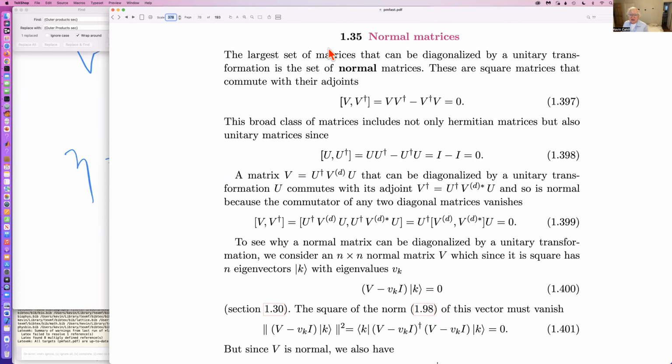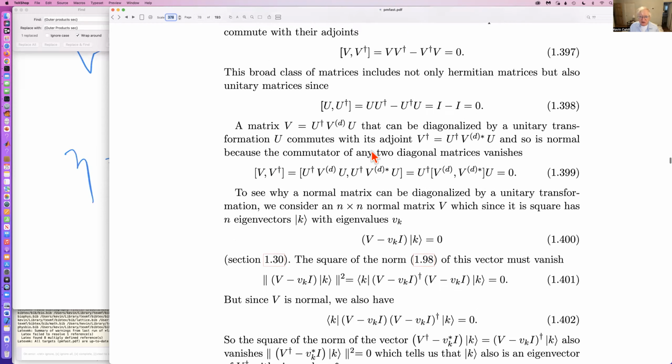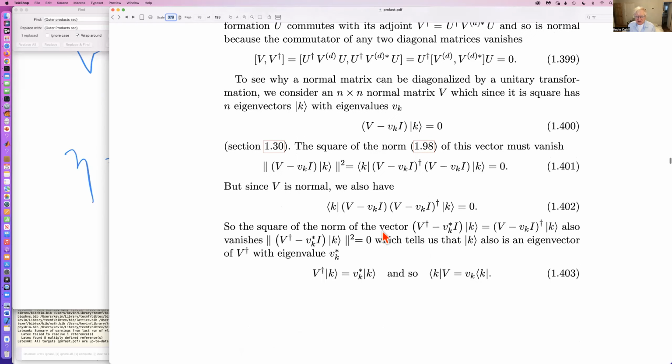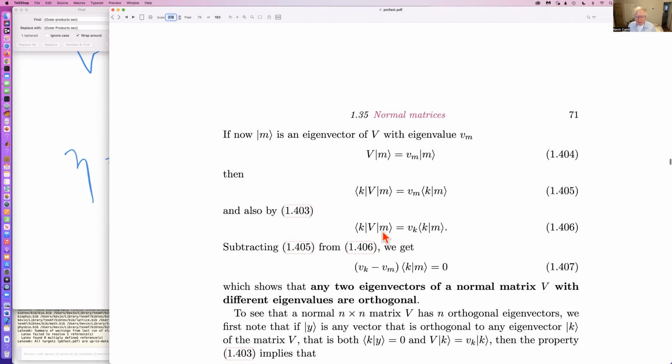Normal matrices: the largest set of matrices that can be diagonalized by a unitary transformation is the set of normal matrices. These are square matrices that commute with their adjoints. It includes Hermitian matrices and unitary matrices, and some other matrices. I don't think it's limited to Hermitian and unitary. Anyway, a normal matrix can be diagonalized by a unitary transformation. That's the basic thing.